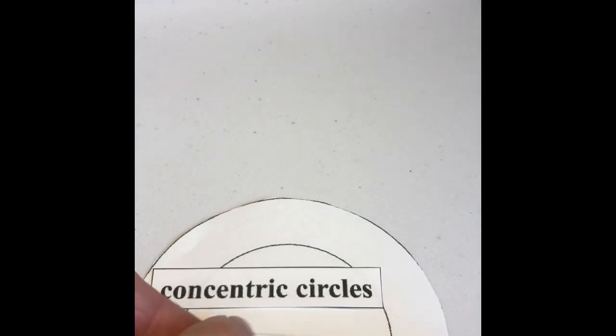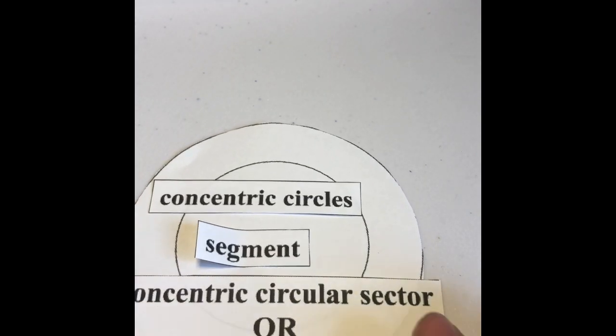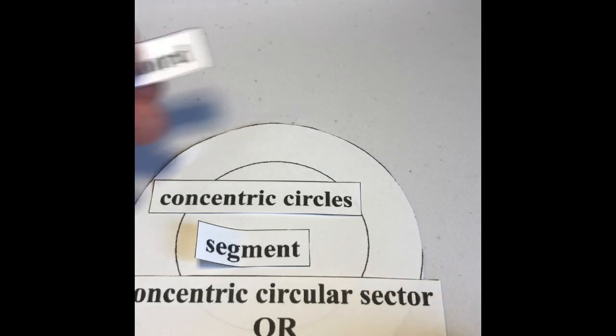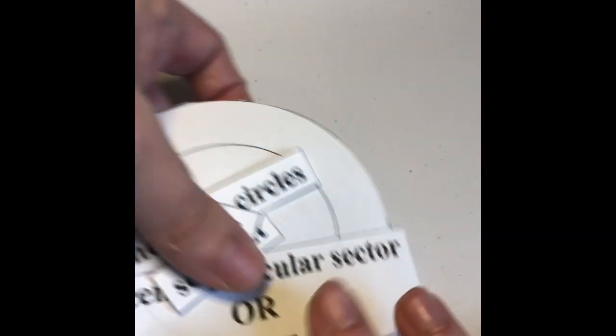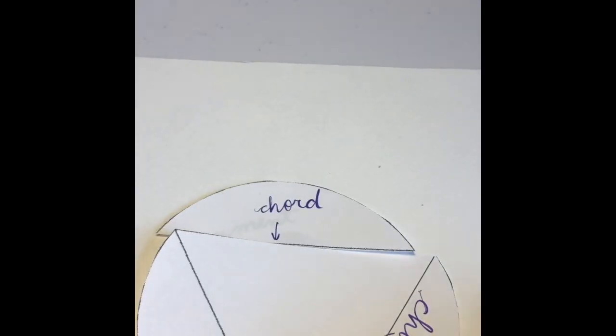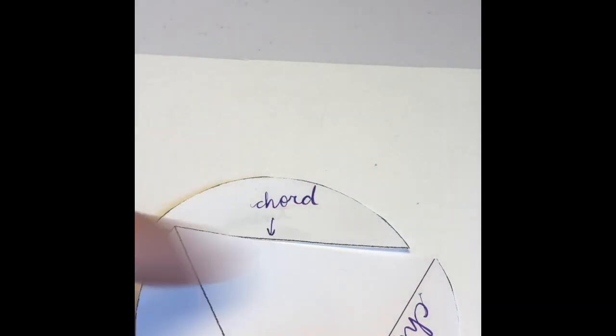Segment, concentric circular sector or crown, and chord. So one of the really cool things you can do with chords is you can make shapes like this. I wonder if you could do a square with chords inside a circle. Someone should try that out.